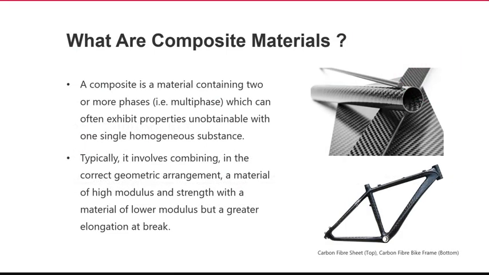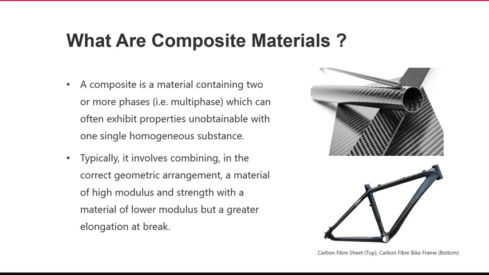So first of all, what are composite materials? Well, composite materials are a material that usually contains two or more phases, i.e. a multiple phase. And this often allows the material to exhibit properties that are usually unobtainable with a single homogeneous substance or material.